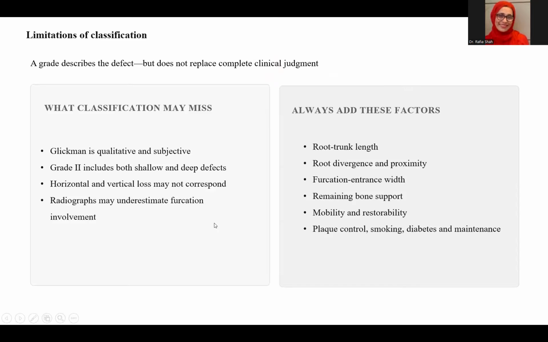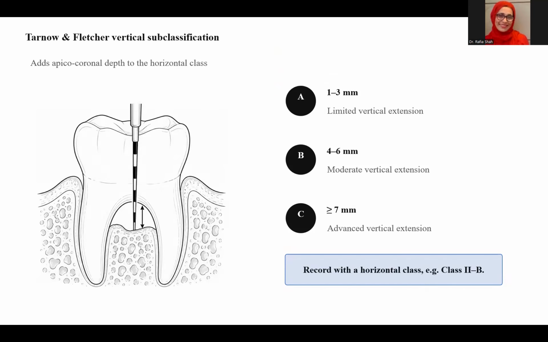So anyways, we said that there was a limitation to the Glickman classification. That's why Hamp and Linde classified further in millimeters in a quantitative method. And similarly, Tarnow and Fletcher talked about the vertical component, again in millimeters.